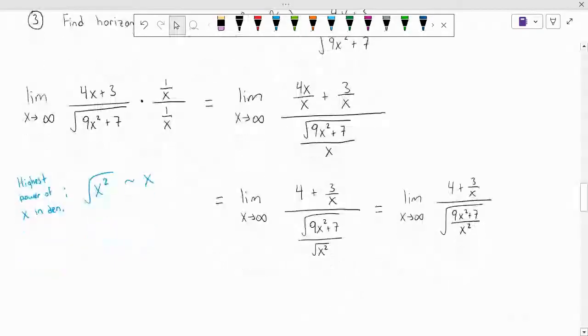And then once I bring the x squared into the square root like that, I can continue simplifying what's inside of the square root. So the way that I would do that is I would separate that fraction into 9x squared over x squared plus 7 over x squared.